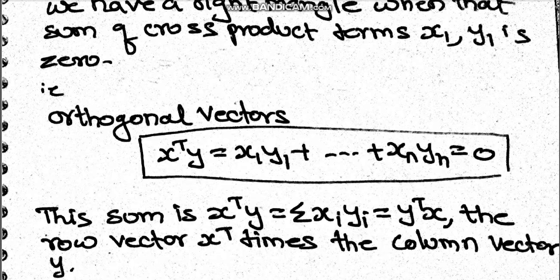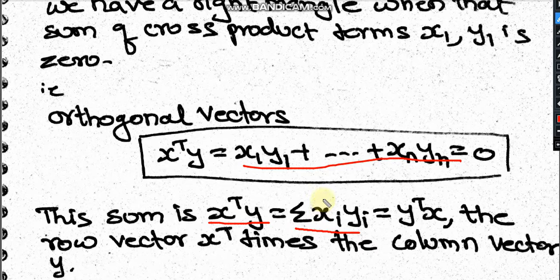So here, that condition itself has been written: x transpose y gives you this expression, or it can be the summation of x1 y1. This we call a dot product, or x transpose y or y transpose x, that means the row vector x transpose times the column vector y. If this tends to be 0, then the two vectors x and y are orthogonal.